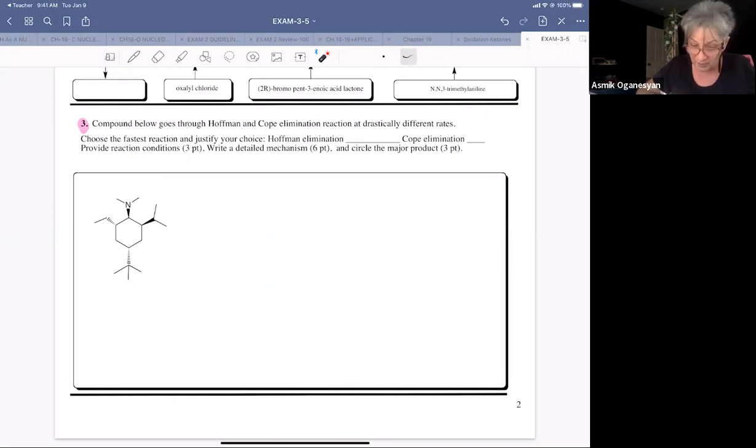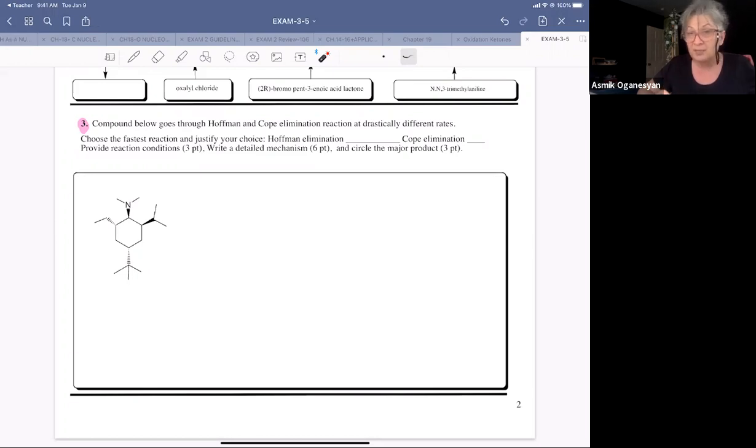This problem states that the compound below goes through Hofmann and Cope elimination reactions at drastically different rates. Choose the fastest reaction and justify your choice. Provide reaction conditions, write a detailed mechanism, and circle the major product for the fastest reaction.